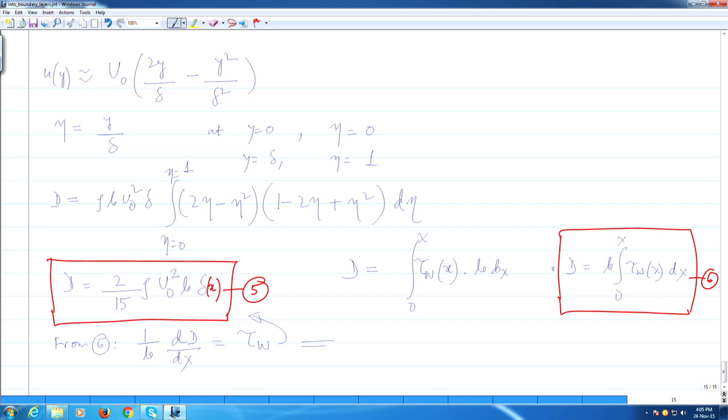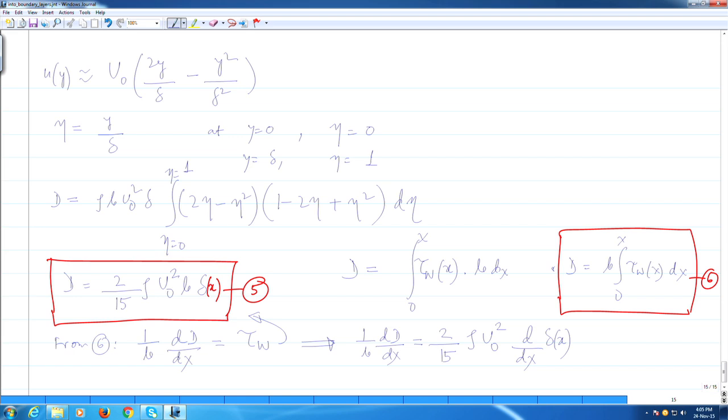What we get then is this, that 1 by b dD/dx, right, is equal to 2 by 15 rho u squared, d/dx of delta(x).